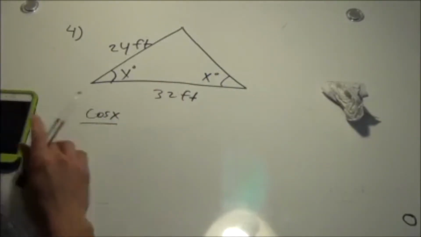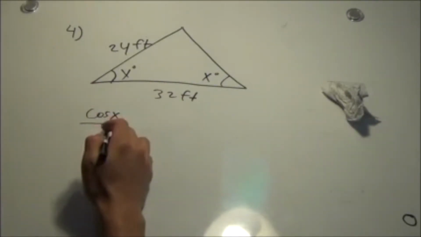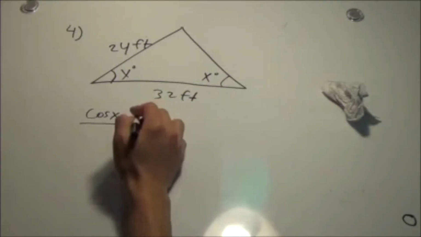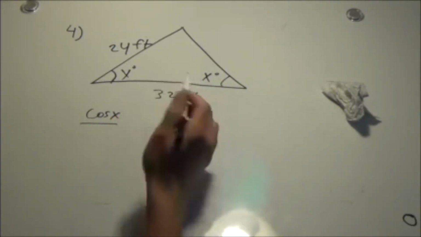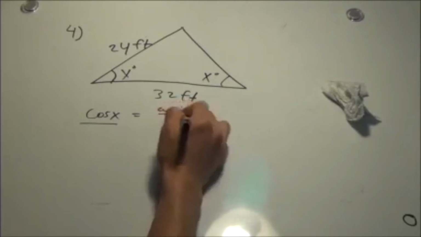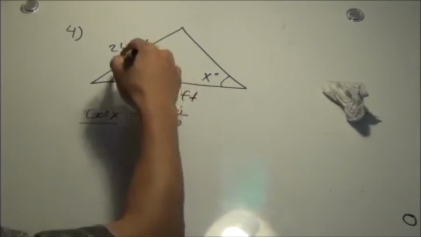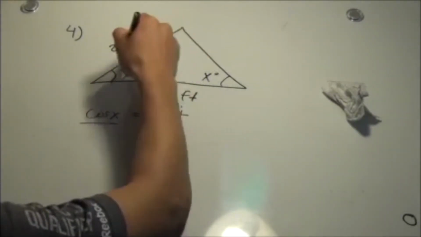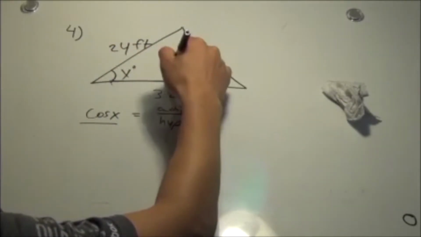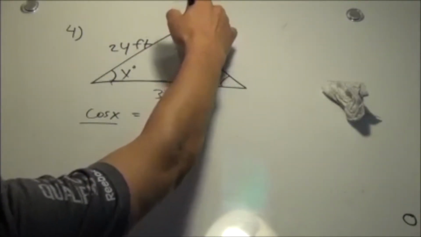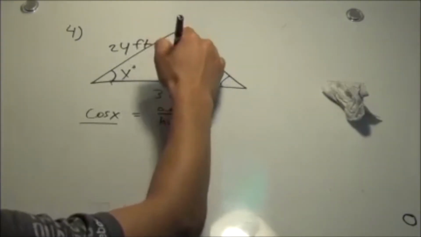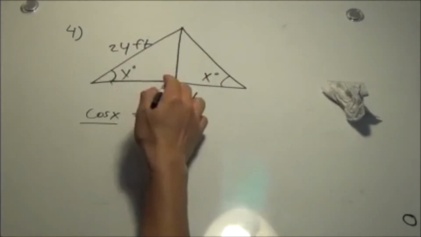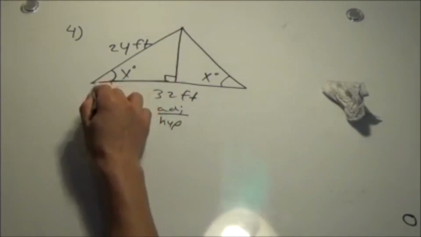We have to remember that the cosine of x is defined as the adjacent leg of a right triangle divided by the hypotenuse, so adjacent over hypotenuse. We have a hypotenuse, but we don't have an adjacent side unless we make our own right triangle by dividing the triangle in half. Voila, there's a right triangle, and we want to know this side.